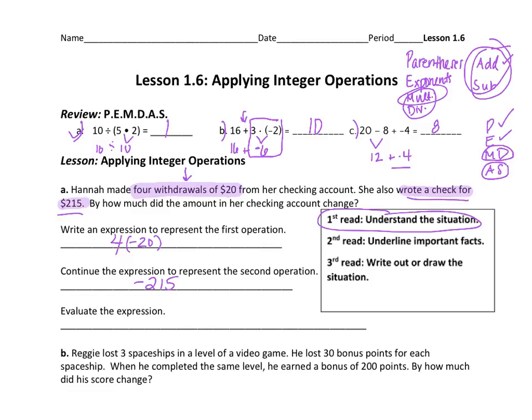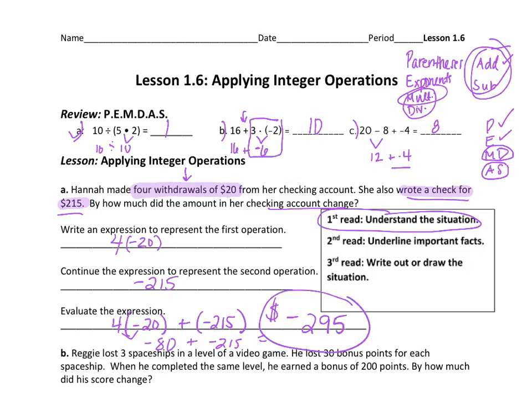It says, how much did the amount in her checking account change? So we're just going to add those 2 situations together. So 4 times negative 20 plus negative 215. And then we solve. So 4 times negative 20 is negative 80 plus negative 215, which ends up being negative $295.